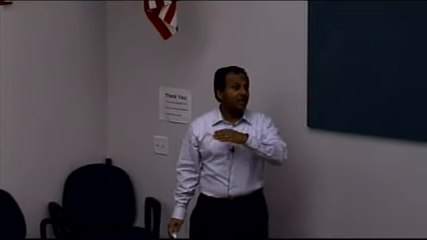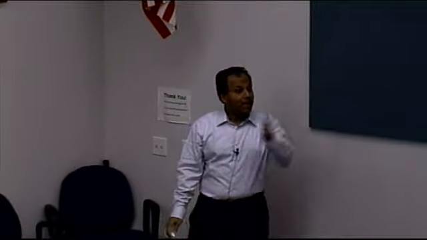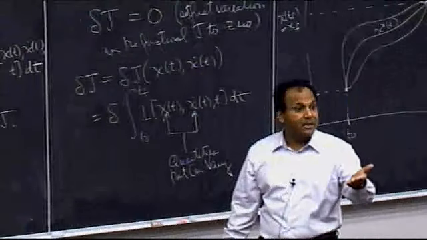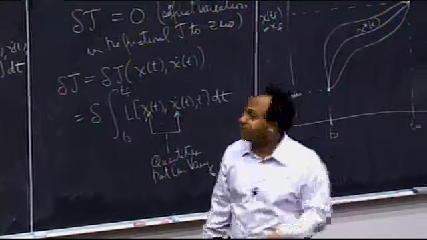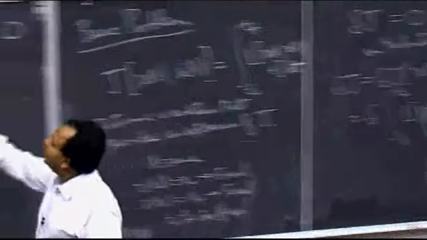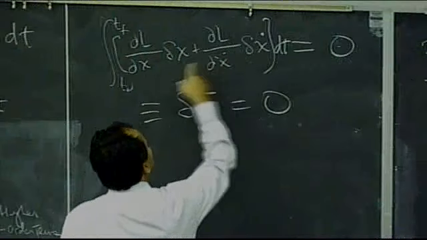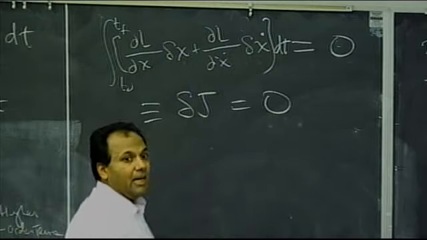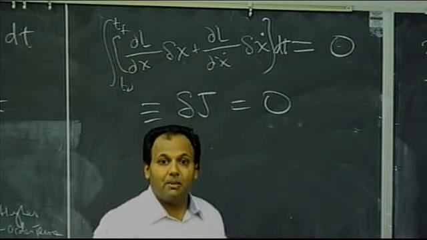Why not? Because x dot is not independent of x, right? X dot is the first derivative of the function x, so clearly it depends on x. Otherwise, you can't take the derivative, right? The derivative depends upon the function you're differentiating. So if I've got a function, x of t, its derivative clearly depends on x, so the variation in x and the variation in x dot have to be dependent upon one another. They can't be independent, right?